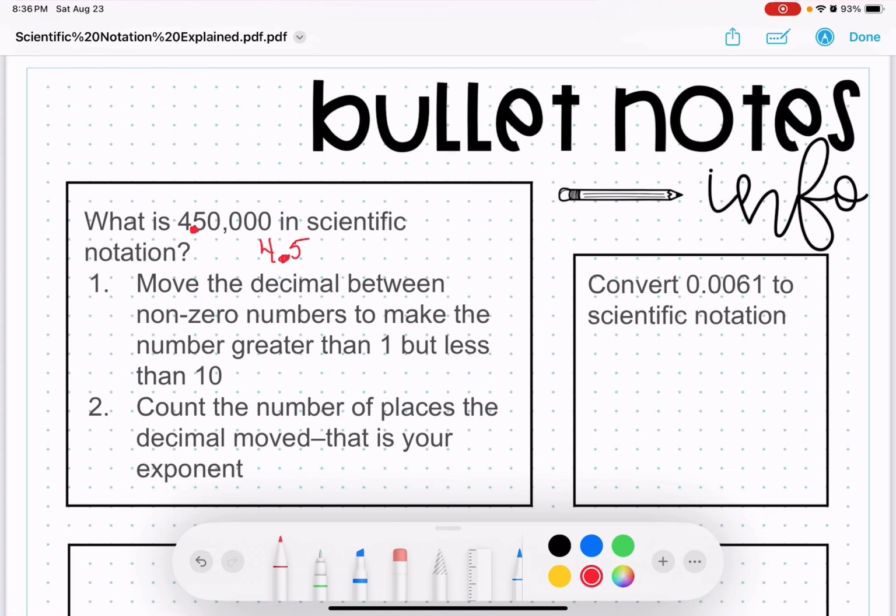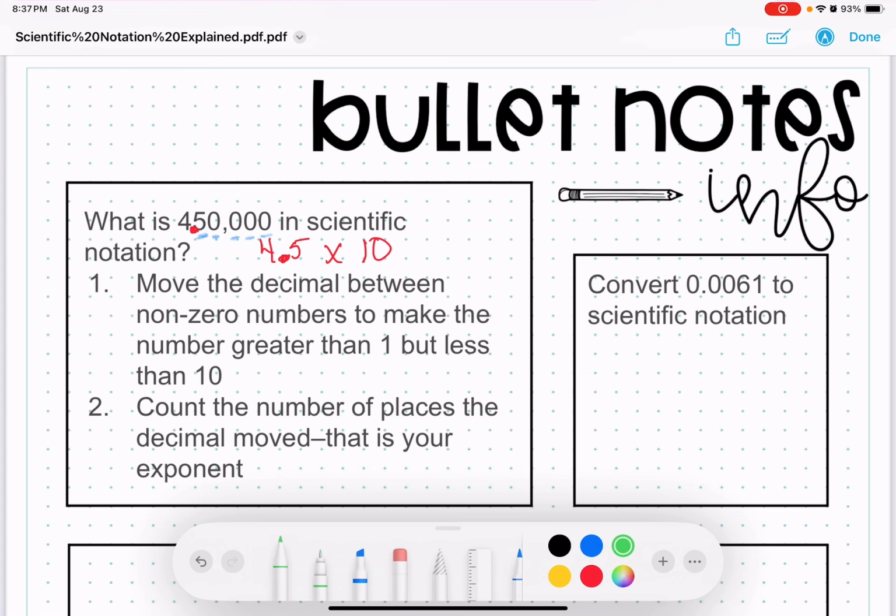Our coefficient is going to be 4.5 times, we will always have a base 10, and then we want to count the number of places we've moved our decimal. How many places did we move our decimal in 450,000? 1, 2, 3, 4, 5.